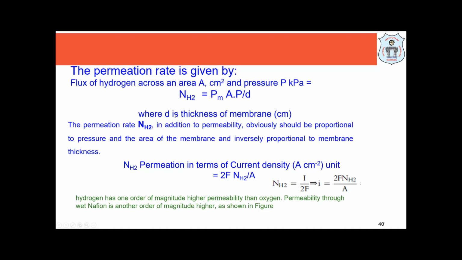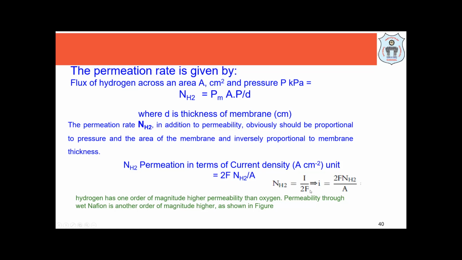Okay. And the permeation rate can be expressed in terms of current density also. So if you know N_H2, it is the flux, this permeation rate, divided by current density A. Okay, current density is ampere per centimeter square. So when you divide by current density, you get the relationship like this in terms of current density.